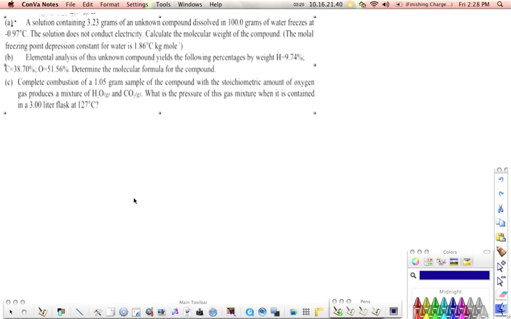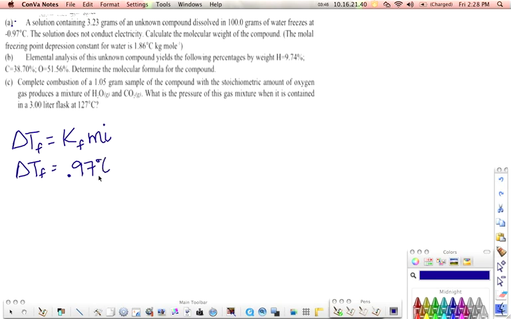And so the way that you figure this out, I like to list everything I have first. So the freezing point depression is equal to the freezing point constant times molality times the Van't Hoff factor. In this particular case, our actual freezing point depression was 0.97 degrees Celsius.